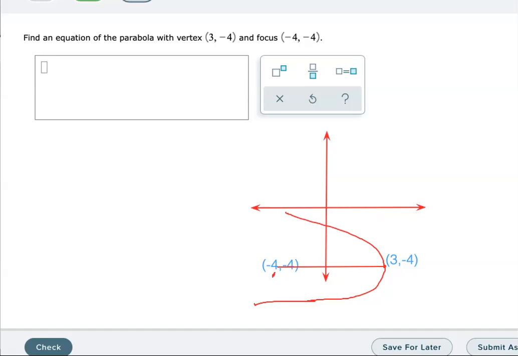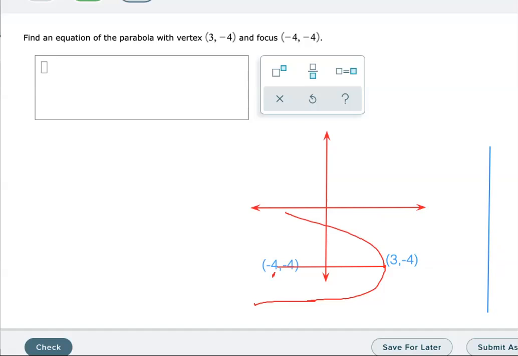Since that focus is 7 to the left, it's -7. But if they had given you the directrix, it would have been 7 to the right, and it would have been the line x equal to 10. And you say, how did you get the 10? Well, if you go 7 to the right of 3, that's how we arrive at 10.